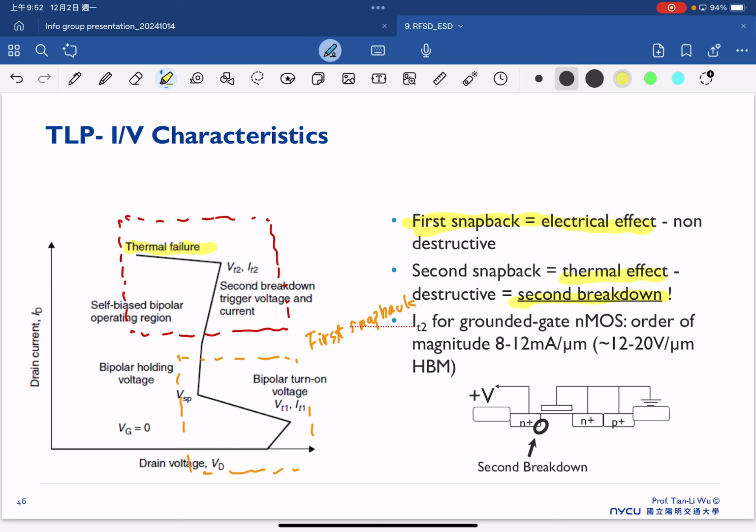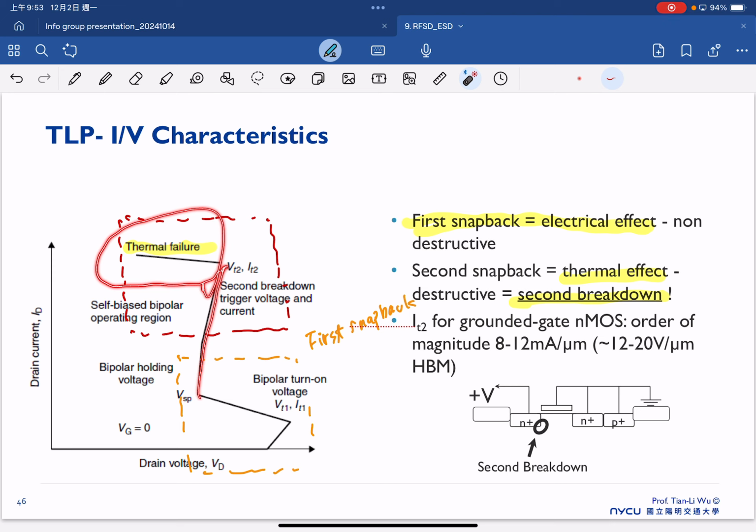Once the ESD event is happening, if our ESD causes a snapback and then the current increases up to a certain moment, we start to see thermal degradation in our ground gate MOS.